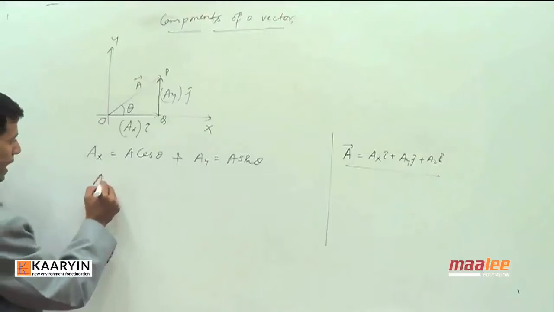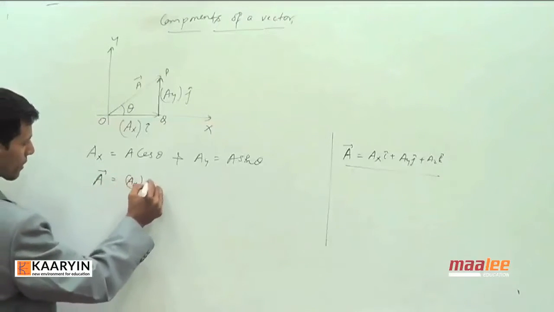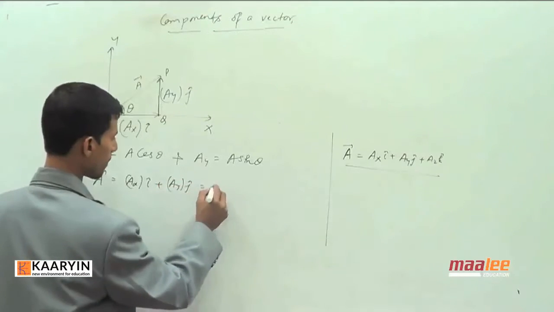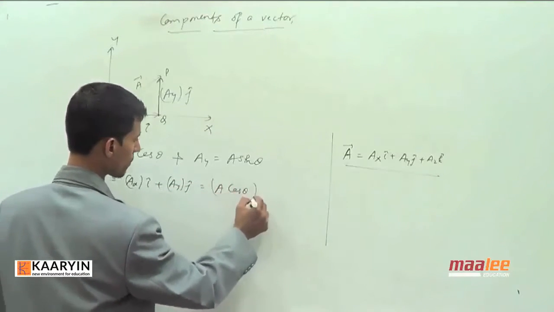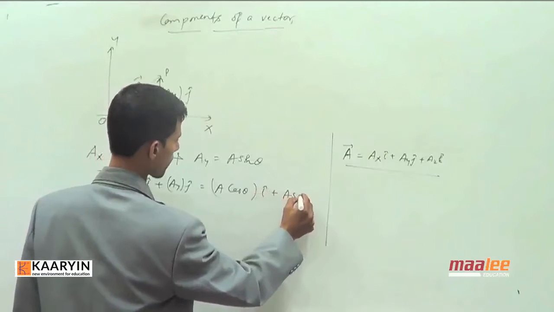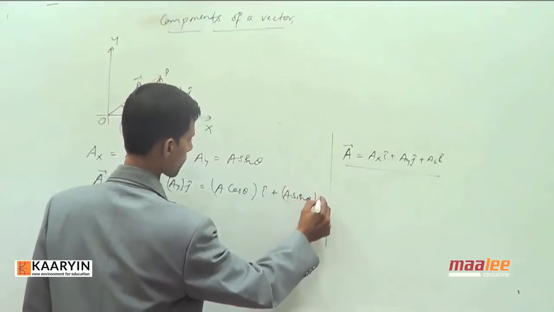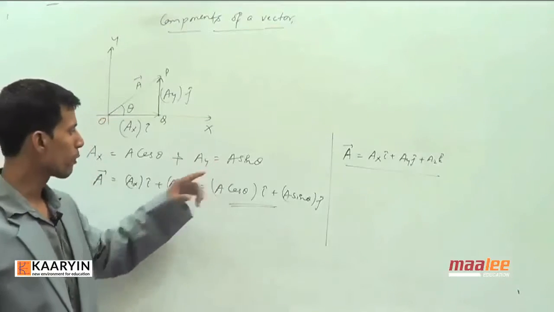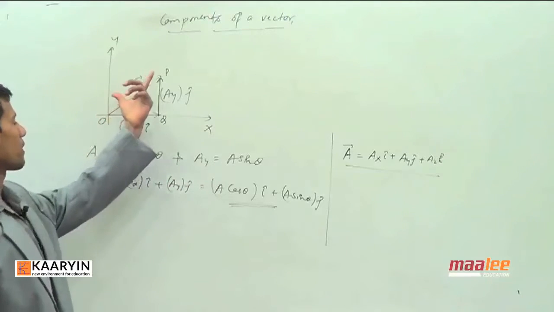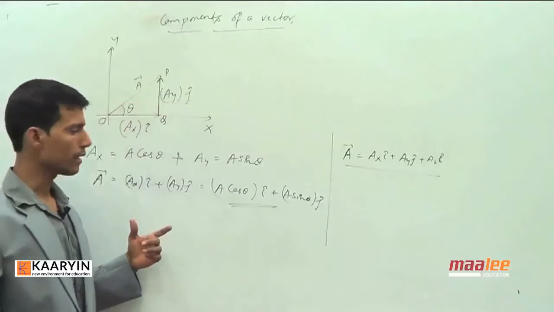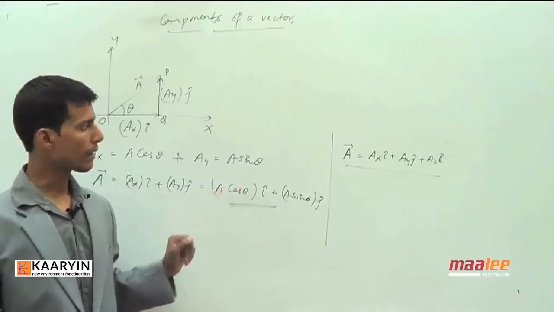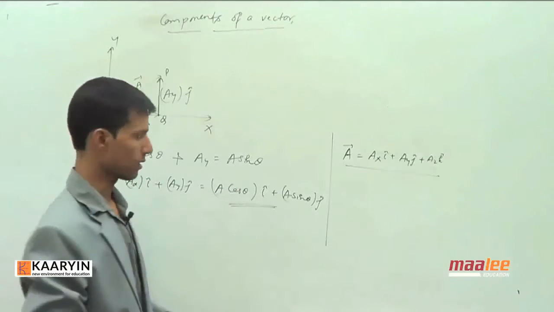Then my A vector, earlier written as Ax i cap plus Ay j cap, becomes A cos theta i cap plus A sin theta j cap. This way I can write the vector A in terms of its components, and if the vector makes some angle with the x axis, I can write the vector in terms of that angle, or it may also be with the y axis.